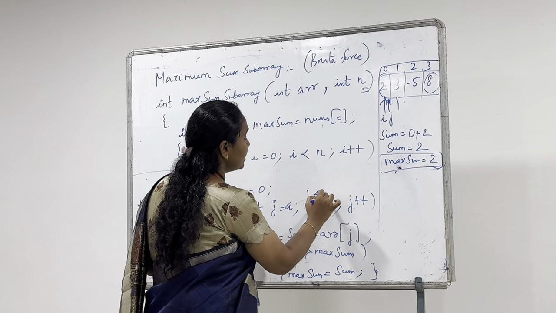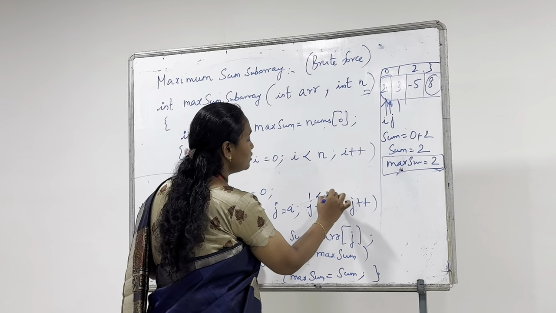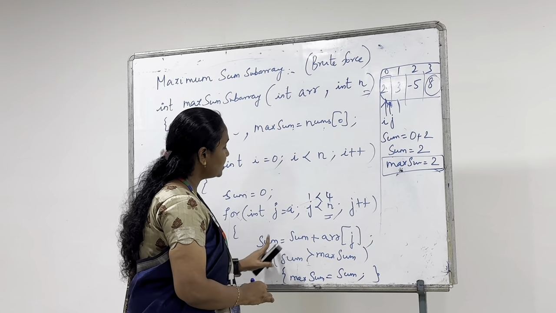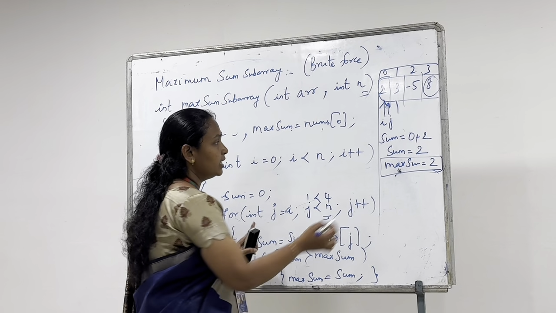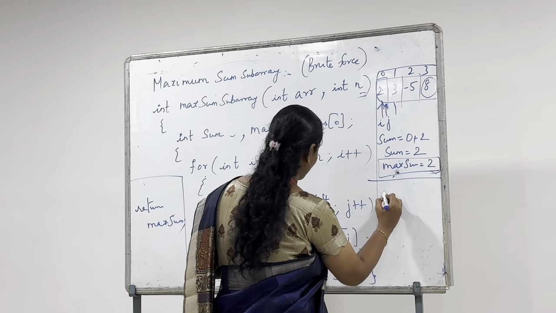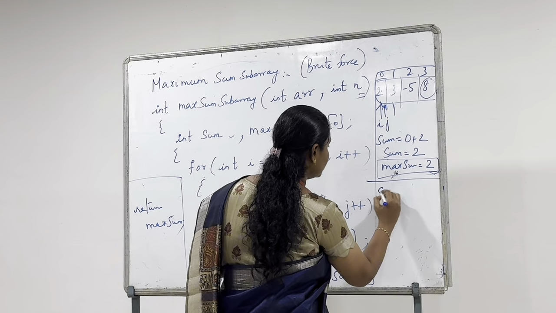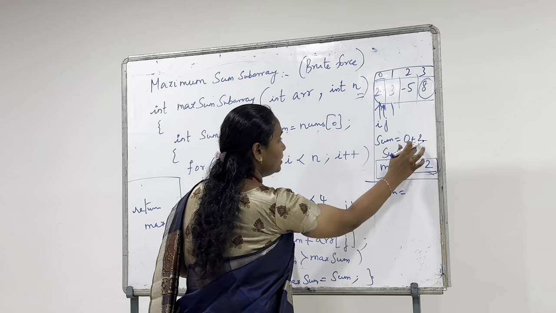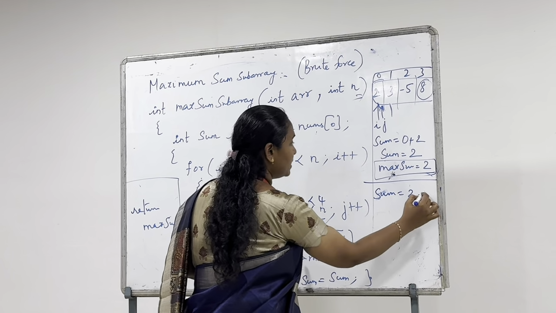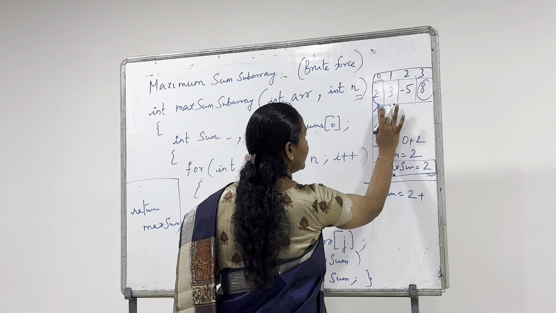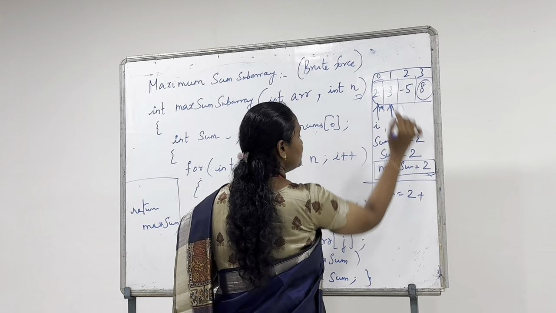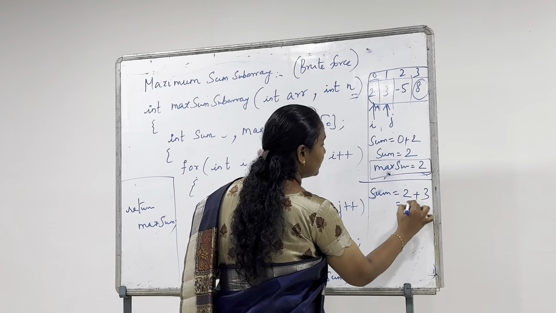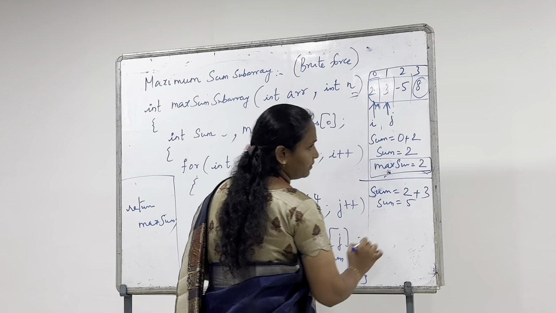And 1 is less than the total number of elements, 4. Yes, it is true. And sum is equal to sum plus array of j. The previous sum was 2, so sum is equal to 2 plus array of j. Array of j is 3. So what is 2 plus 3? It is 5. Now the current sum is 5.